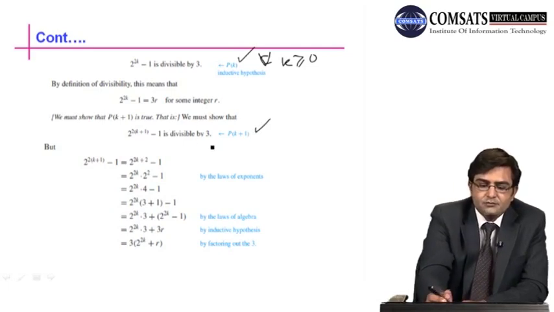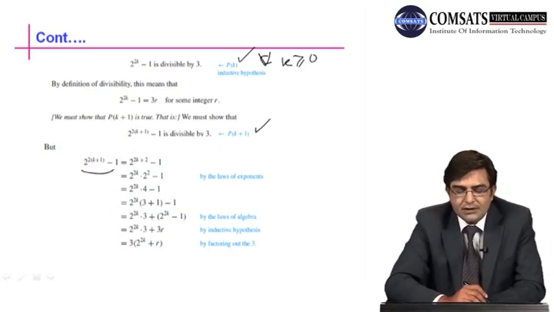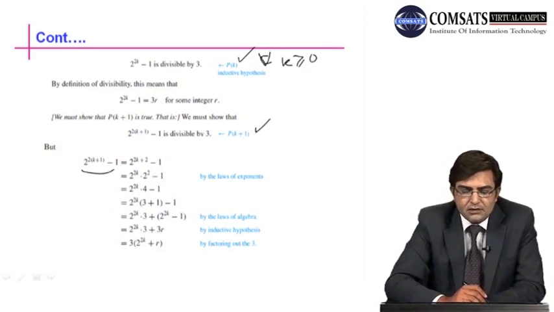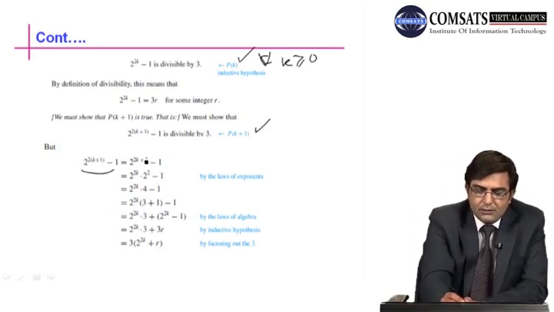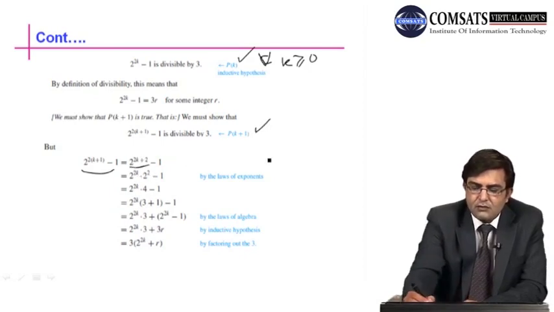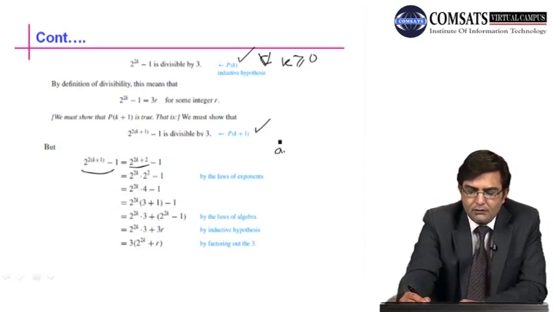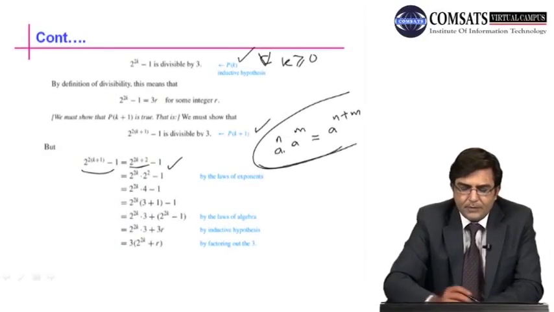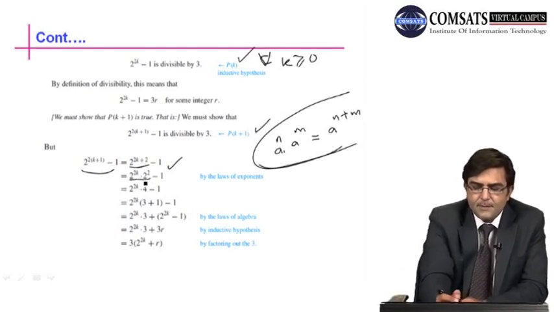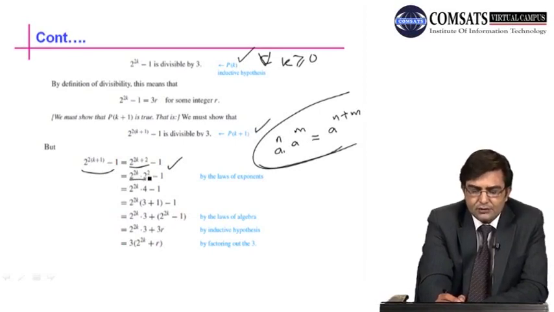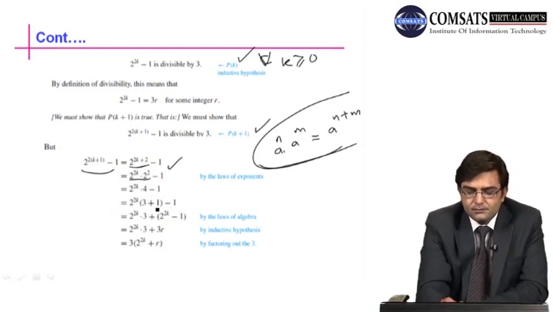To prove this, we consider 2 power 2 into k plus 1. We multiply 2 inside, we get 2k plus 2 minus 1. We can write it as 2 power 2k into 2 square. We have used the property a power n into a power m is equal to a power n plus m. 2 square is 4, and 4 can be written as 3 plus 1.